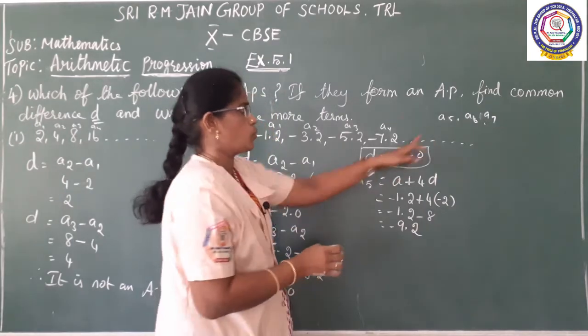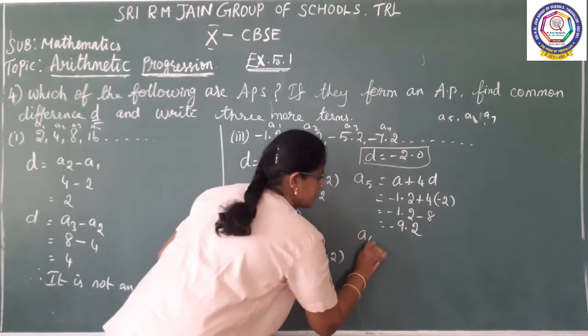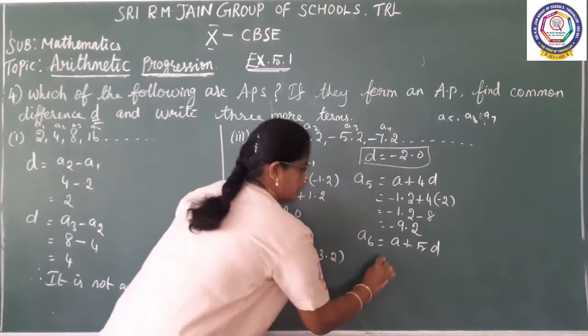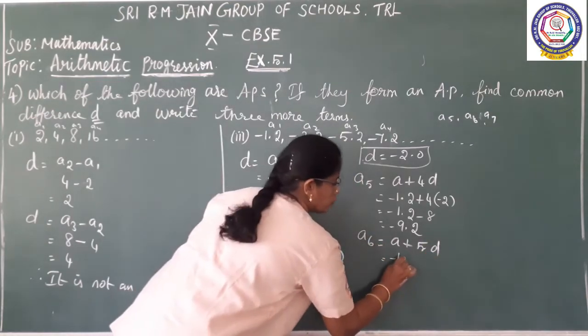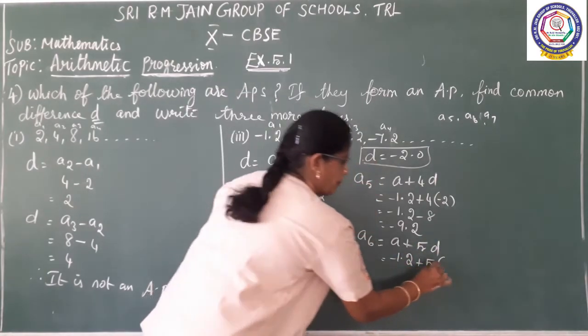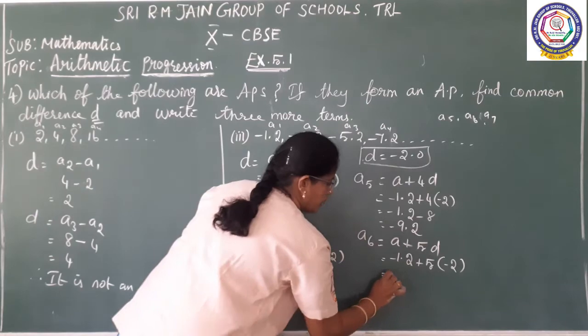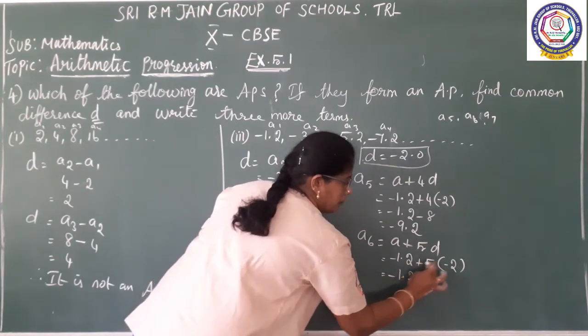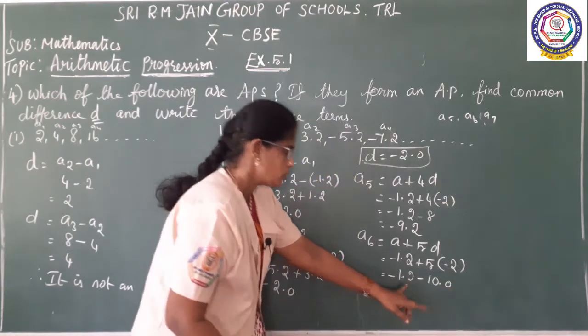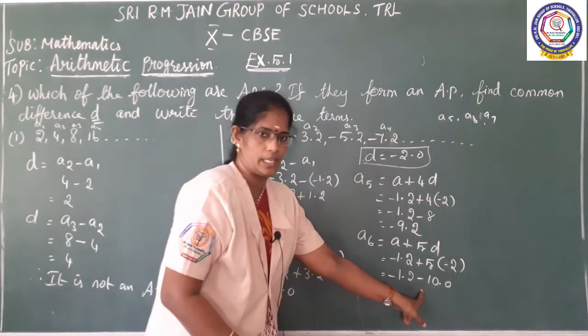So minus 9.2. Next one, A6. A6 can be written as A plus 5D. Now what is A given? Minus 1.2 plus 5 into, what is D? Minus 2. So minus 1.2 plus into minus, 5 2s are 10. Next, both are equal signs, you can add.